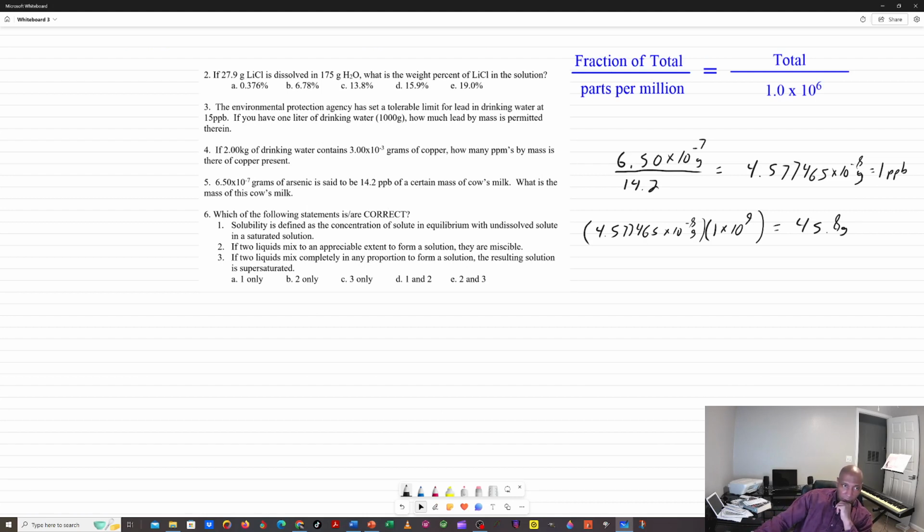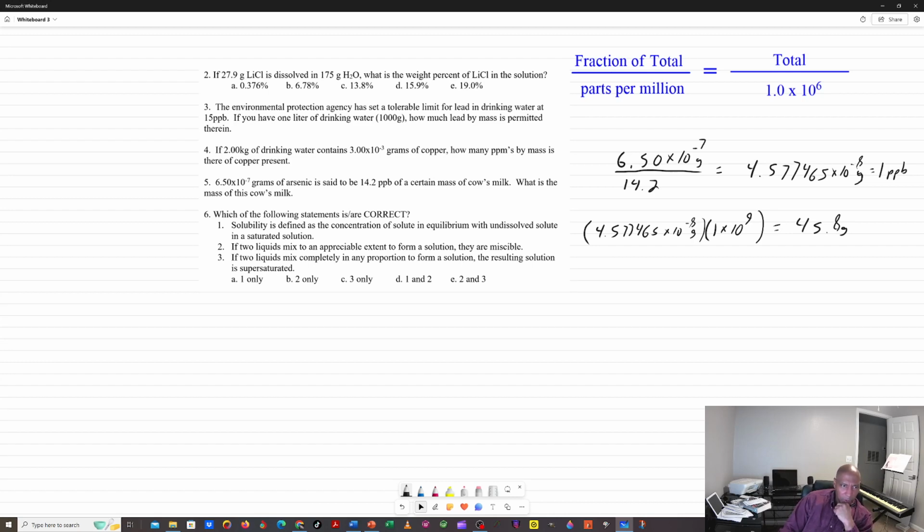Okay, solubility is defined as the concentration of solute in equilibrium with undissolved solute in a saturated solution. Yeah, okay, that's right.